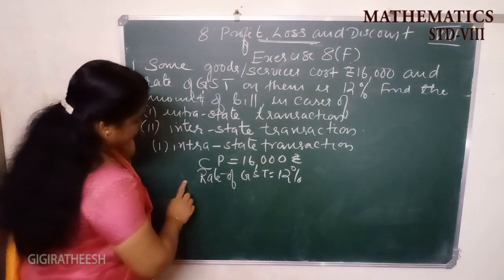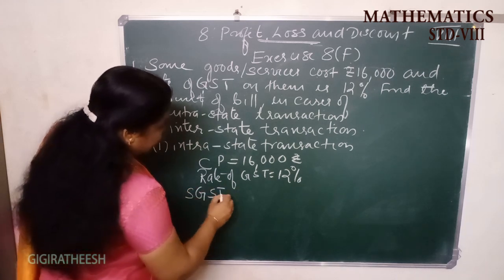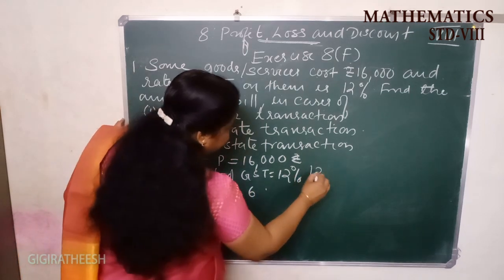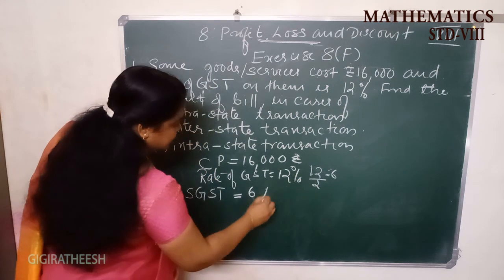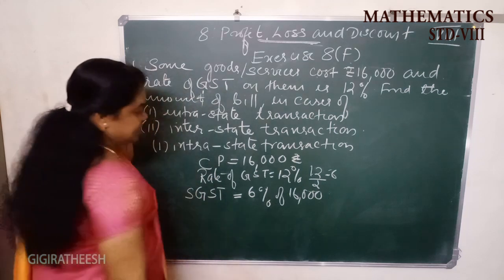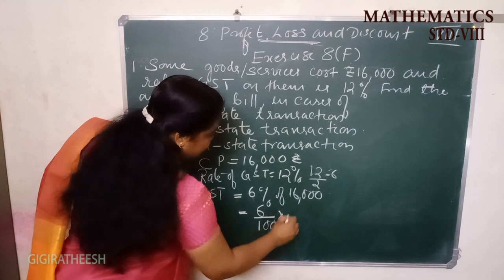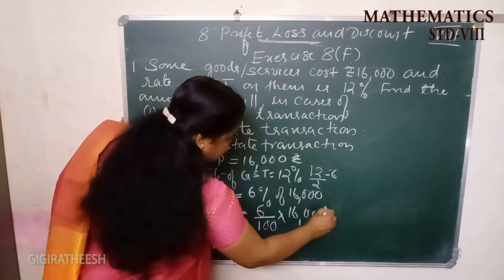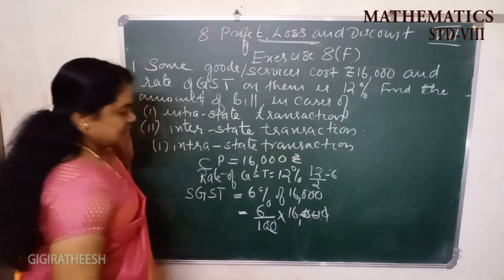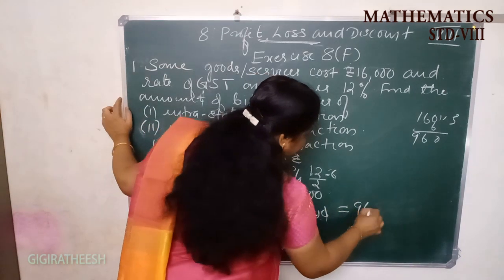First we calculate SGST. SGST is equal to 6% of 16,000, which is 6 by 100 into 16,000. Cancelling two zeros, that is 6 into 160, which is 960 rupees.